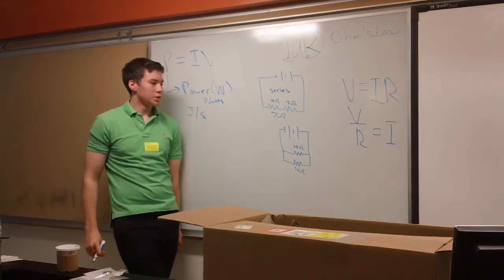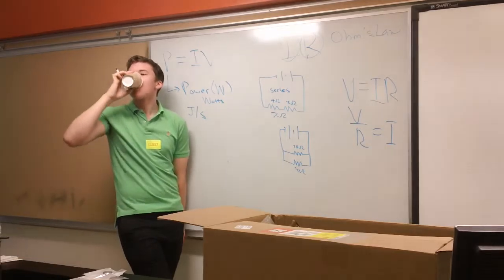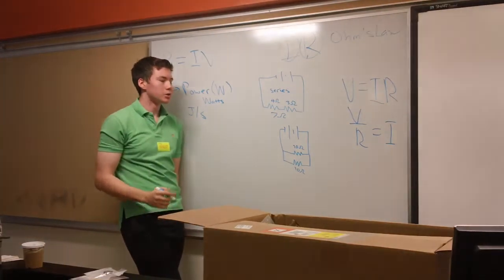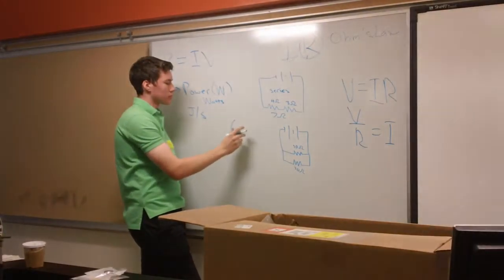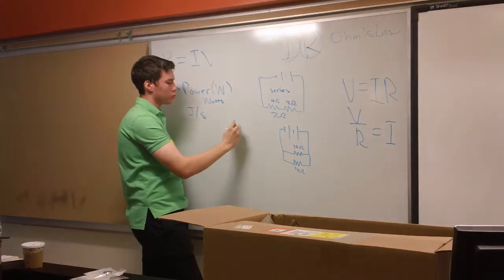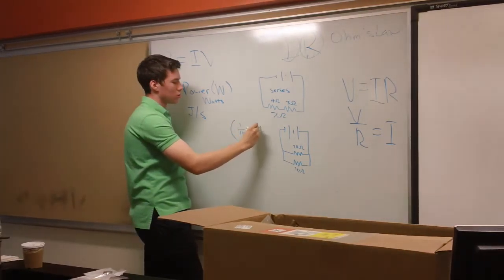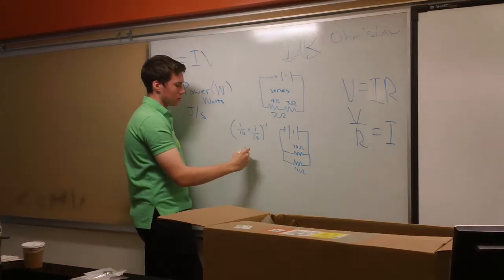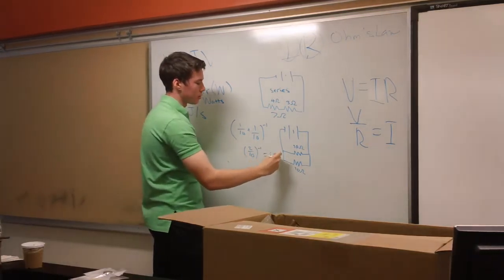What's the total resistance in this circuit? 5 over 2. I'm not good doing math in my head, so let me do it out and then I'll explain. So 5 ohms. Okay.